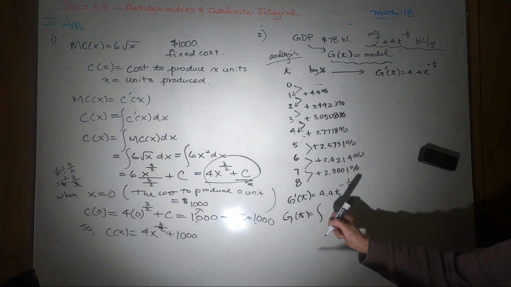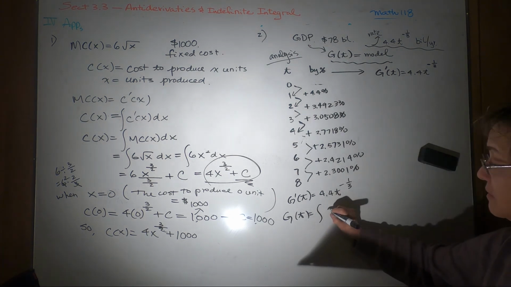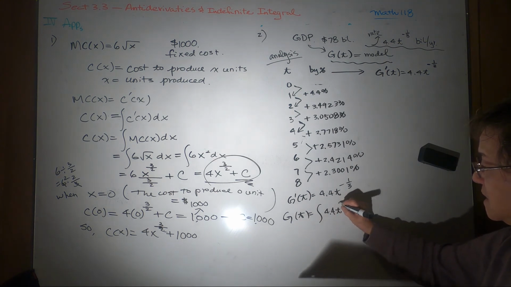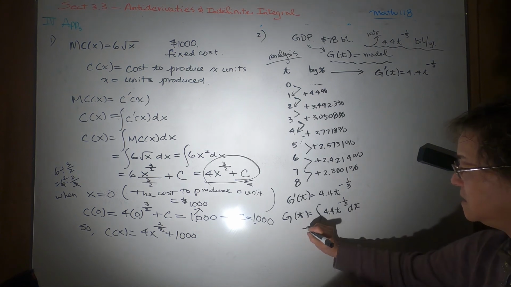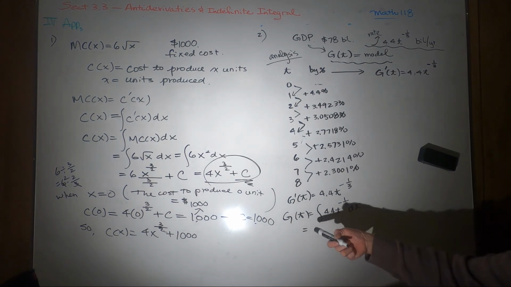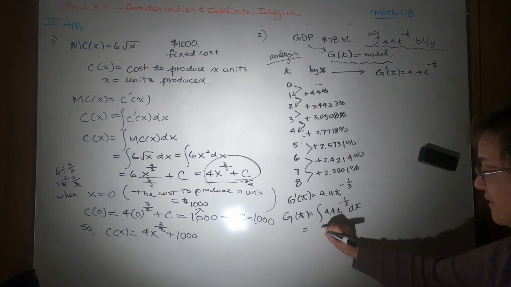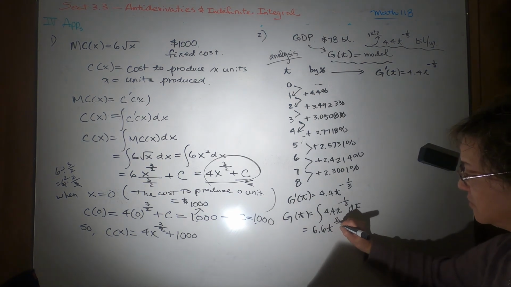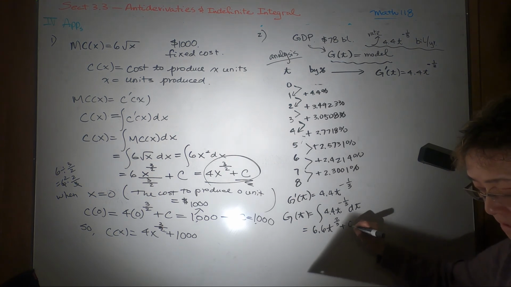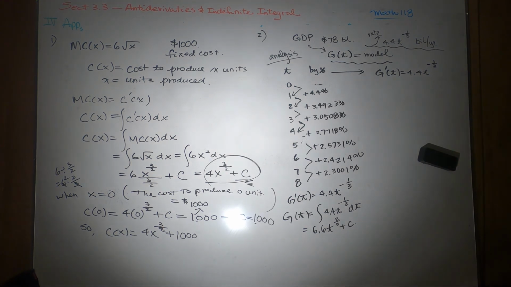So take 4.4 T to the negative 1/3 dt. Then you do your antiderivative. So we have 6.6 T to the 2/3 plus a constant, right?